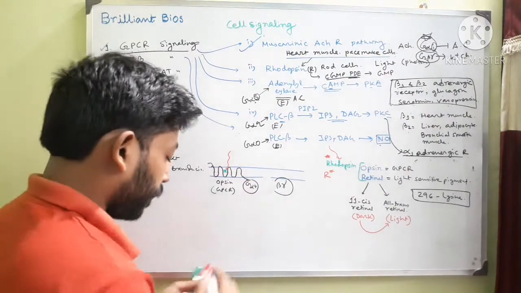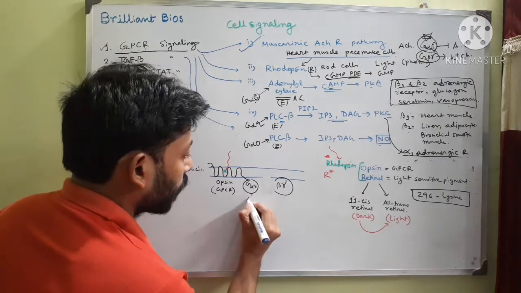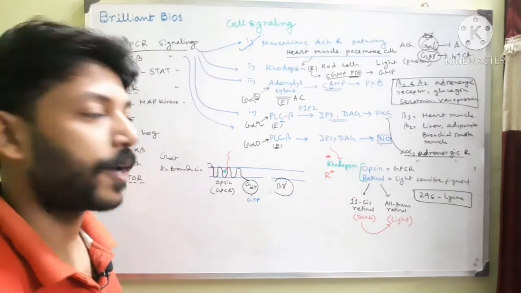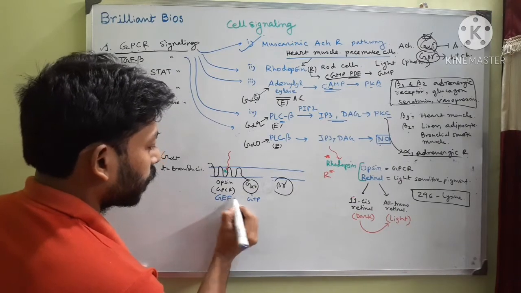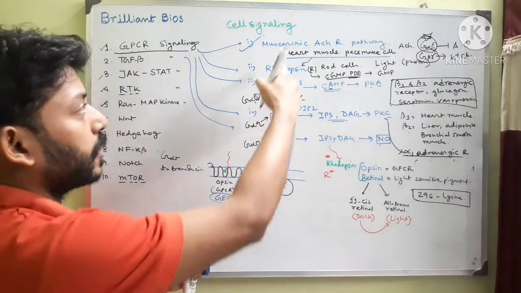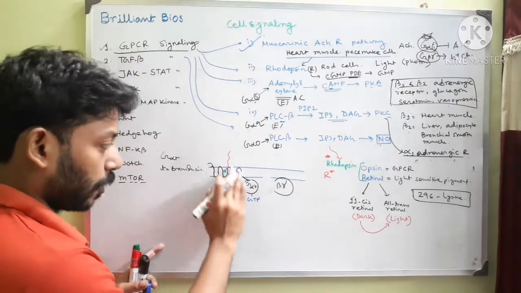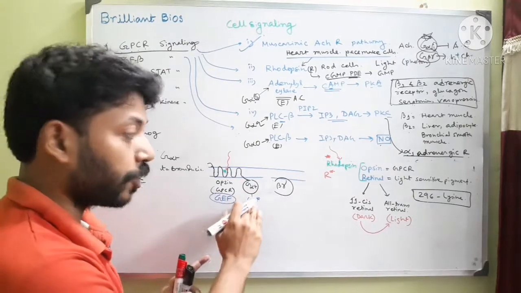Then the GDP is exchanged with GTP. That is called GEF, meaning guanine nucleotide exchange factor. So this opsin acts as a GEF. The same is true for the muscarinic acetylcholine receptor. Here also this GPCR acts as a GEF and exchanges the GDP with the GTP.